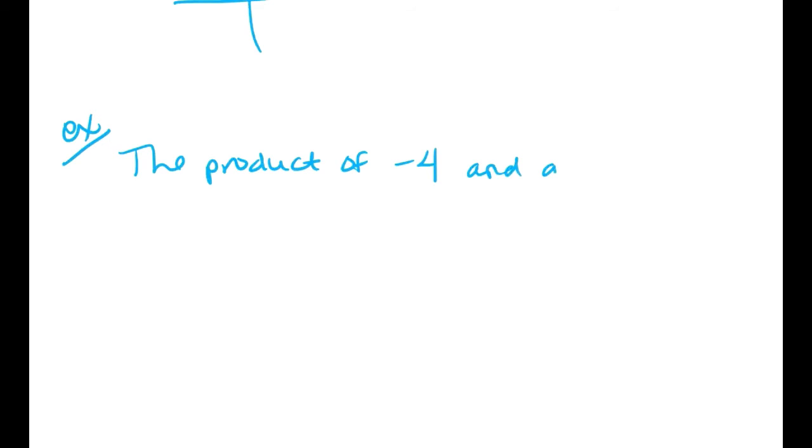Okay, I'm going to do one more problem for you. It's another word problem that we need to write as an algebraic equation. And this one says the product of negative 4 and a number is 40.